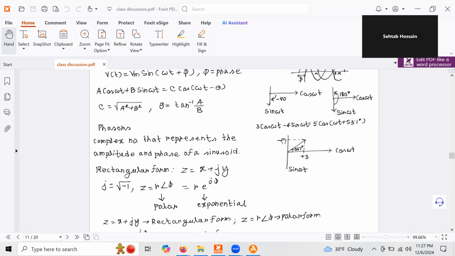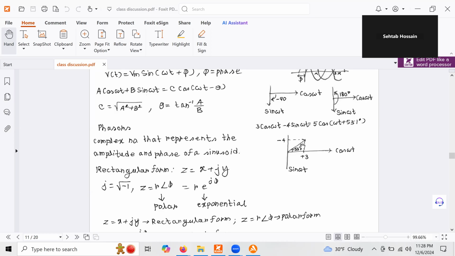Then what will be the amplitude of the mixed signal? It will be root over 4 square plus 3 square. 4 square is 16, and 3 square is 9. 16 plus 9 is 25. Root over 25 is 5. So 5 is my final amplitude after these two mixed signals, times cos.